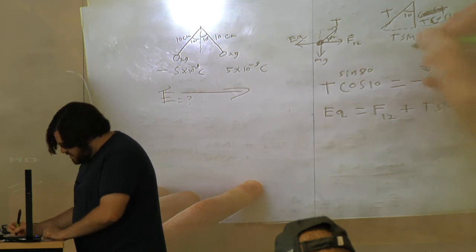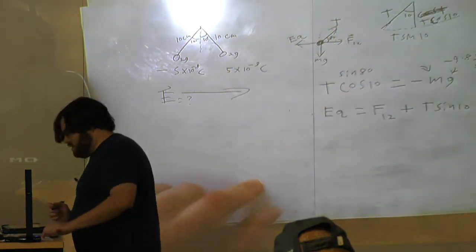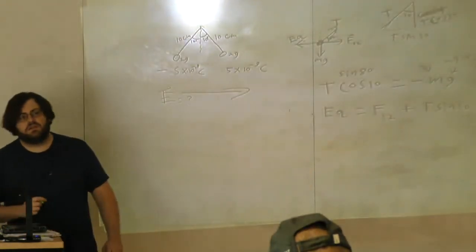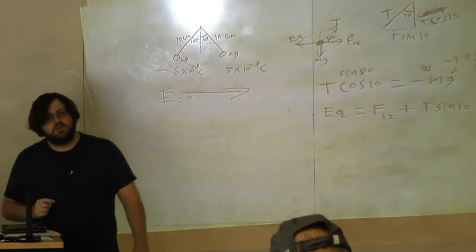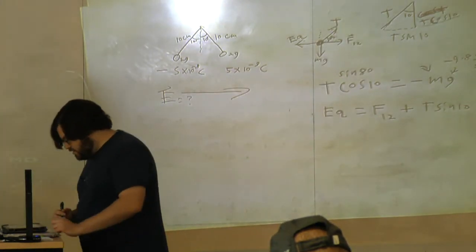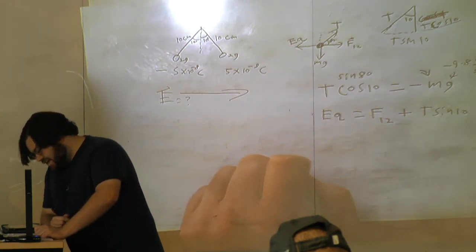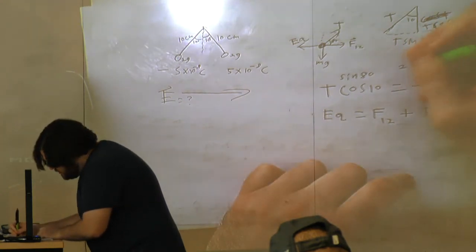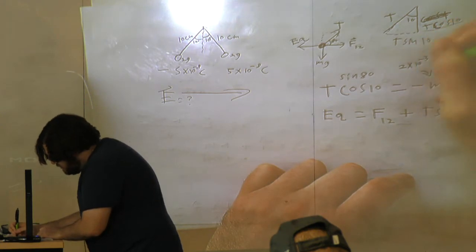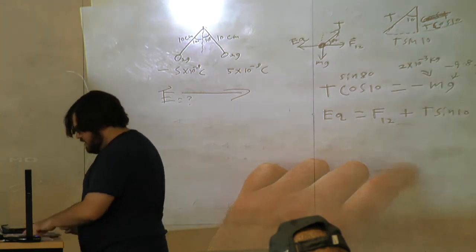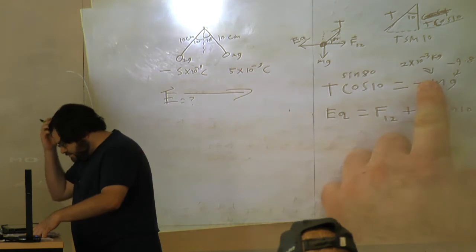M is given, however, it's given in grams. What's the base unit of mass? So mass is 2 times 10 to the negative 3 kilograms, okay? So I can calculate that.